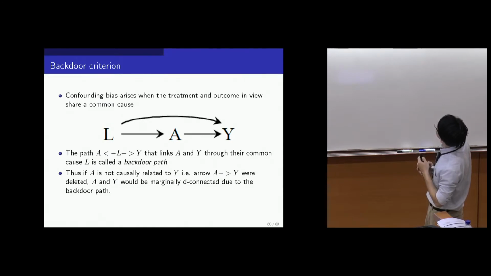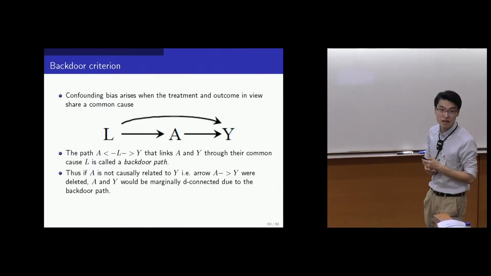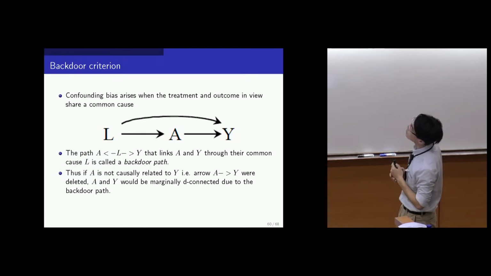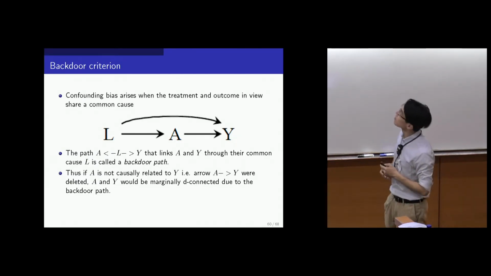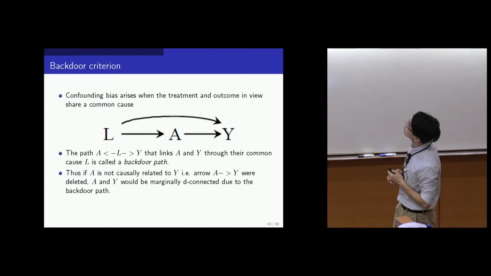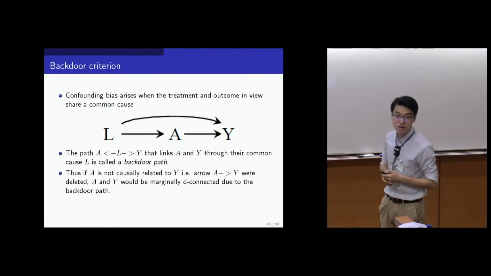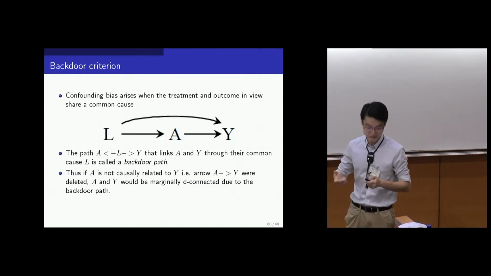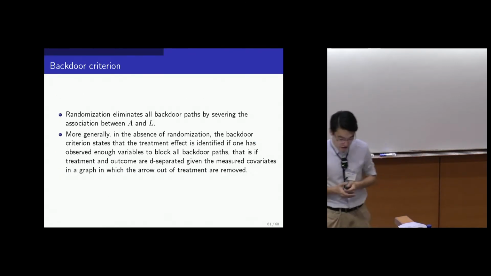So, for example, in this case, if we do not consider this causal path coming out from the treatment, and we look at all other possible paths from A to Y, then if we condition on L, it will block the only remaining path from A to Y. So if we condition on L, we can attempt to identify the causal effect.